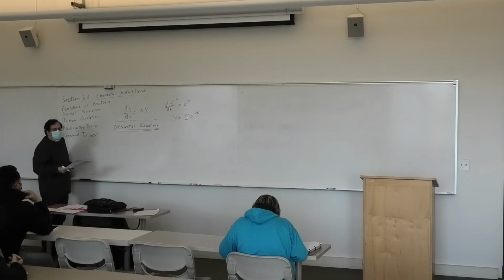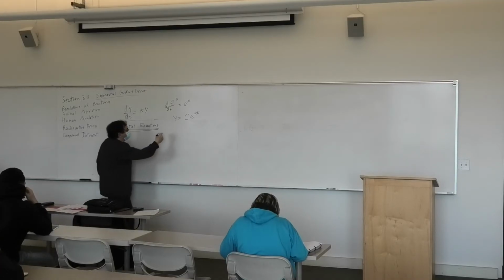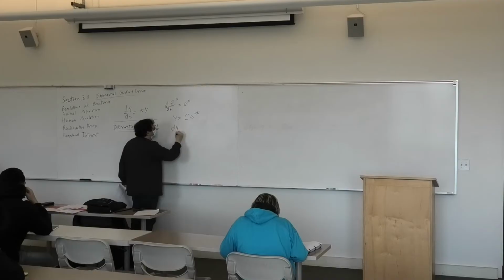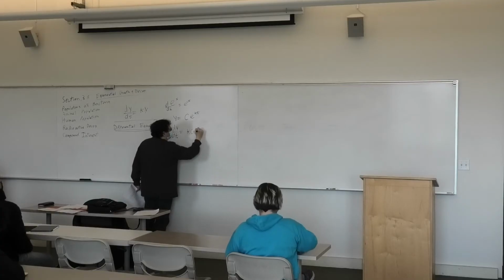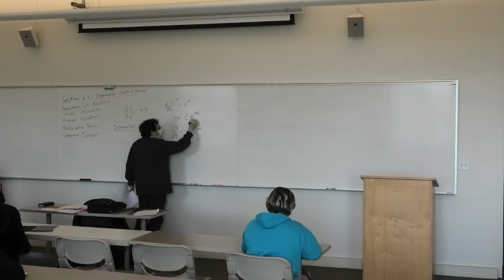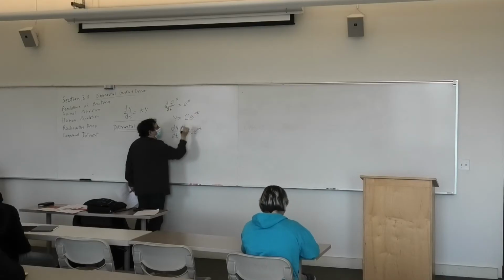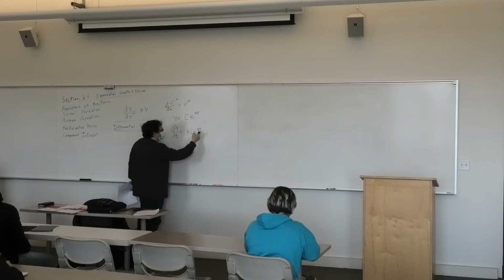So we guessed, and now we're going to check. The derivative of y with respect to t is going to be what? k times c e to the kt. The constant just comes out. This is e to the x, except it's a constant times the variable, so we use the chain rule, and the derivative of kt is k.